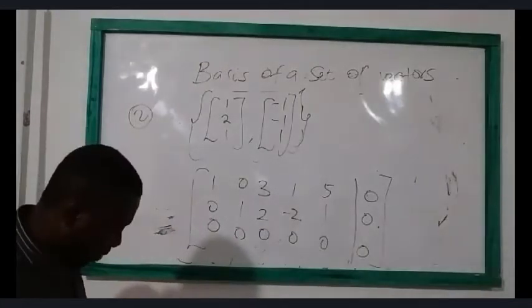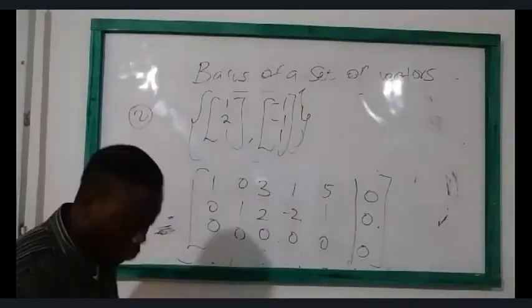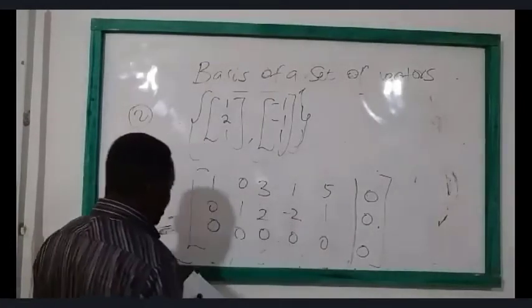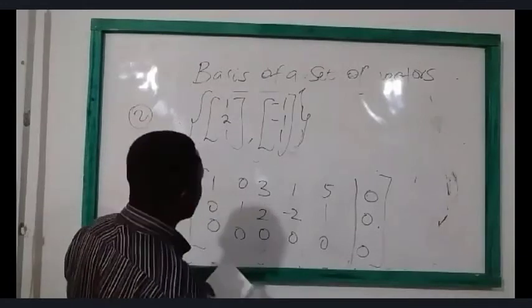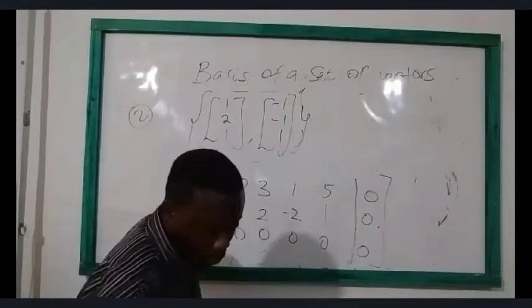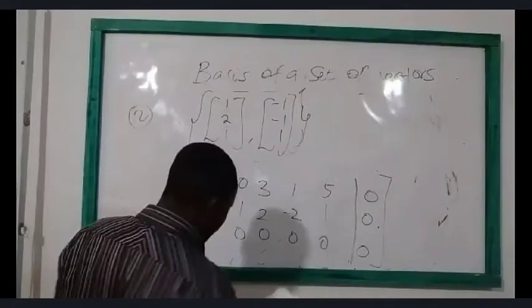So that is that. And as I said, if you also want to show the spanning of the set of vectors, you can represent all the vectors by variables and then the unknowns also by variables.